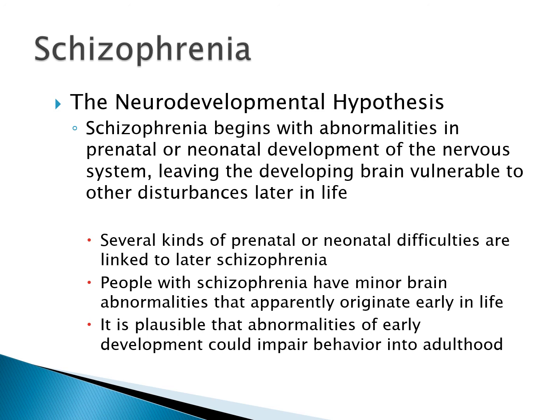And the neurodevelopmental hypothesis, I think, is key for understanding schizophrenia. Schizophrenia really appears to begin with abnormalities in the development of the nervous system in the prenatal and neonatal environment. So this means that we have a brain that is developed to an extent where it's vulnerable to other disturbances later in life.